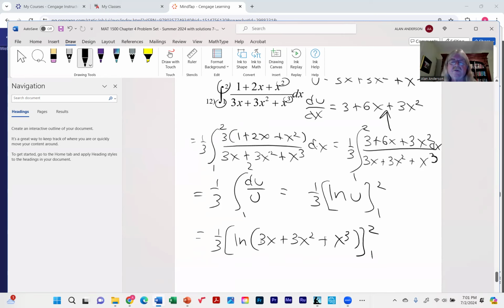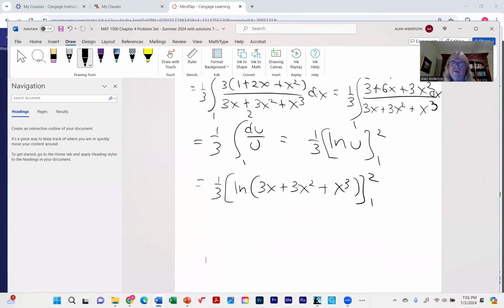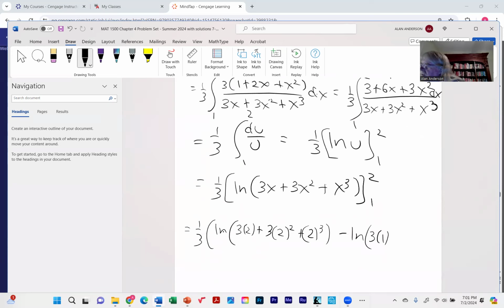And now we can simply evaluate it. Start with log of 3 times 2 plus 3 times 2 squared plus 2 cubed minus log 3 times 1 plus 3 times 1 squared plus 1 cubed.